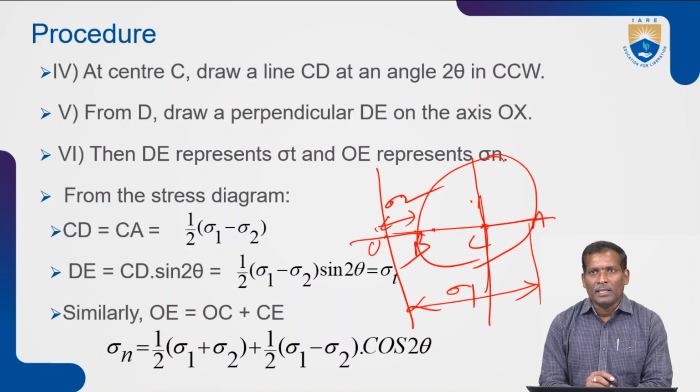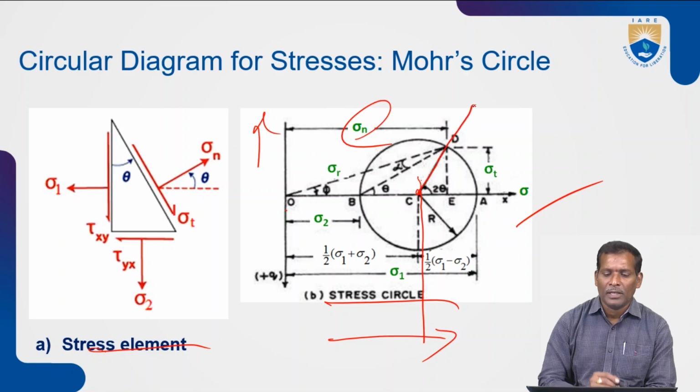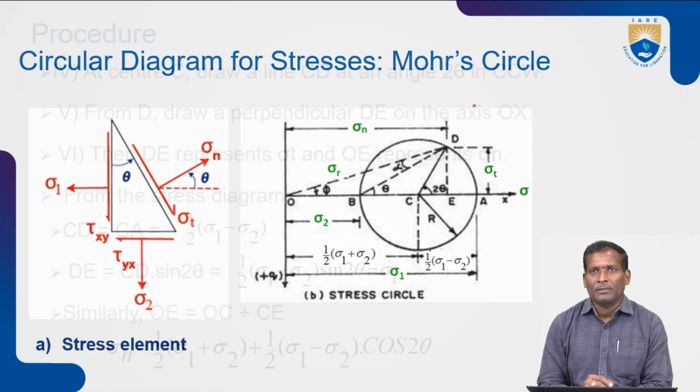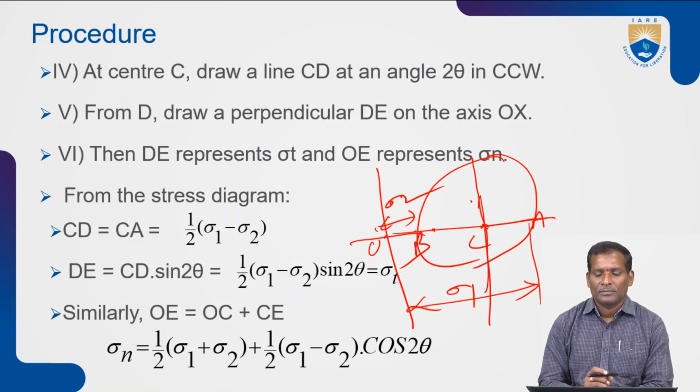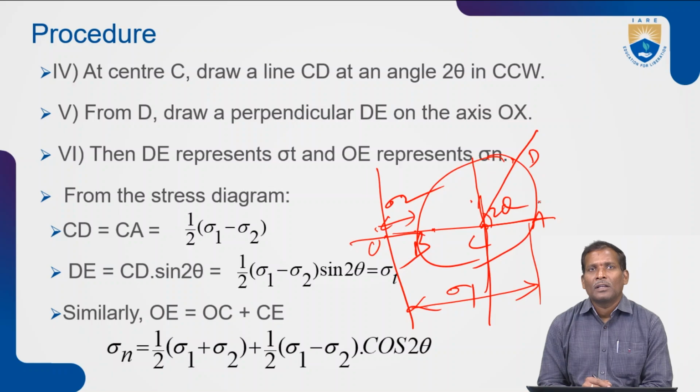At center C, draw a line CD at angle 2 theta counterclockwise, clearly shown here with angle 2 theta. From D, draw a perpendicular DE on the axis OX.